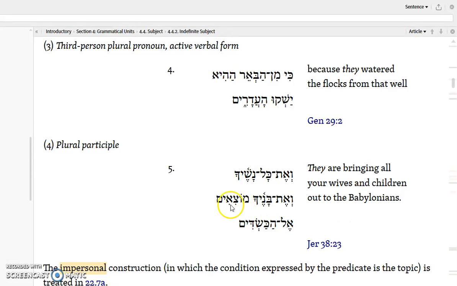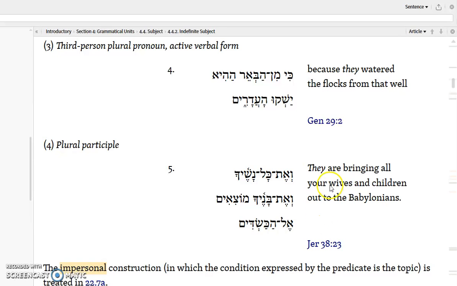And so here's the masculine plural participle, hiphil, from yatza, to go forth. They will cause, and then the object was first, all your wives and all your sons to go forth unto the Chaldeans or the Babylonians.